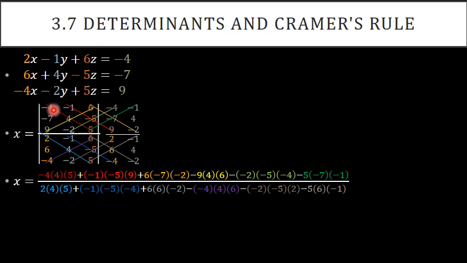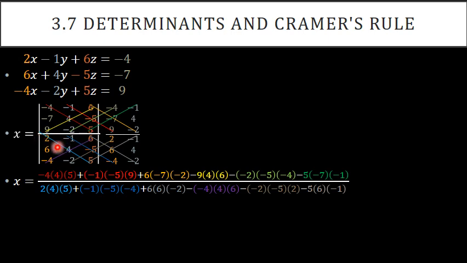So it's negative 4 times 4 times 5 on the top, negative 1 times negative 5 times 9, 6 times negative 7 times negative 2. Then we have upward diagonal, so we subtract, so it's minus 9 times 4 times 6, minus negative 2 times negative 5 times negative 4, minus 5 times negative 7 times negative 1.